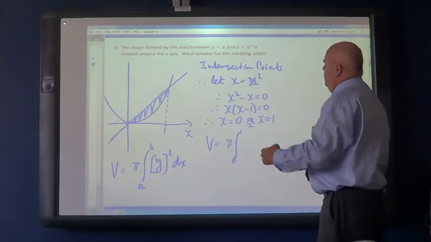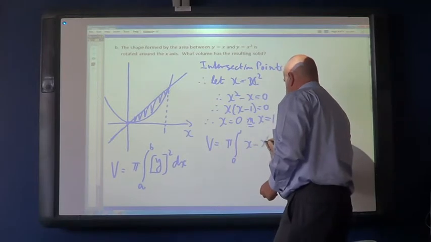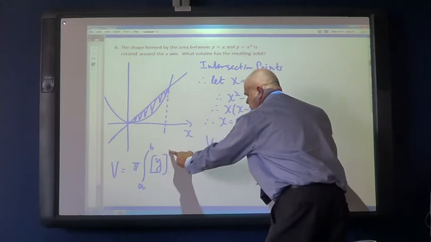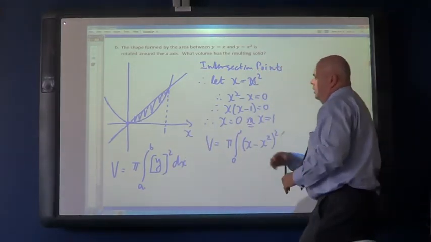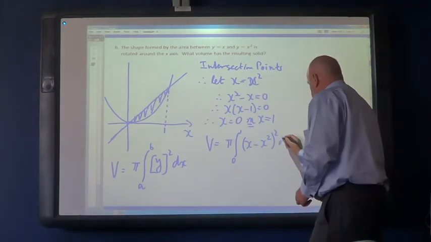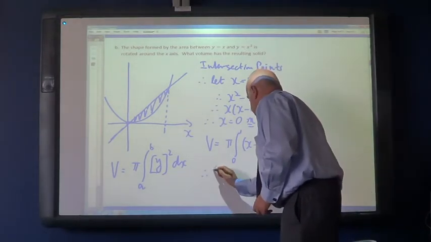Now let's be careful here. The upper was a straight line, so it's x minus x squared, but you've got to square all of that. Remember, it's really mimicking pi r squared because you're summing circular discs all the time. And dx.